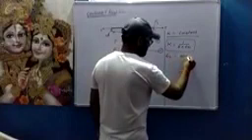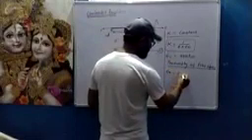Epsilon naught, or epsilon 0 as you like, is called the permittivity of free space.